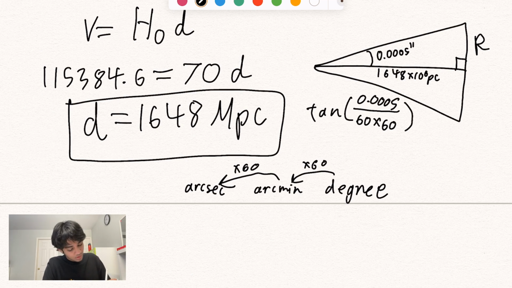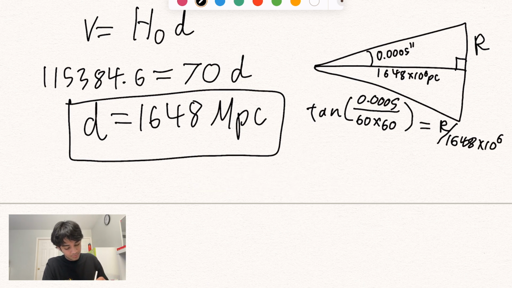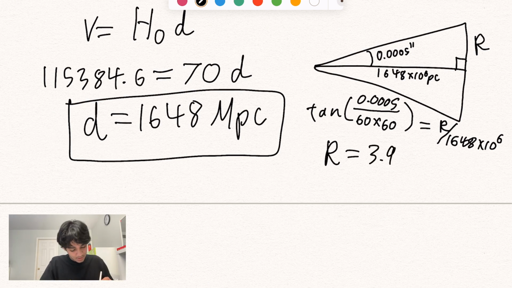This should equal r divided by, because opposite over adjacent, r divided by 1648 times 10 to the power 6 parsecs. And with our calculator, we get r as 3.99 parsecs. So this is our answer for the radius of the galaxy.